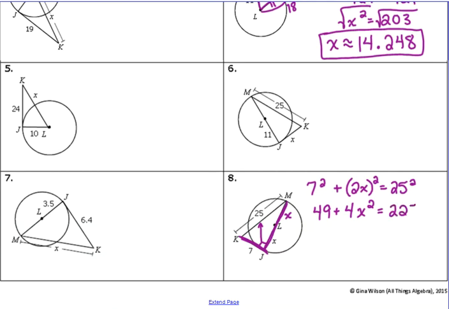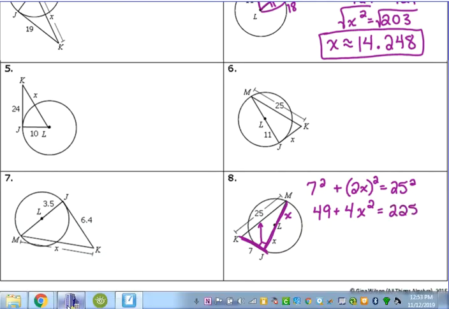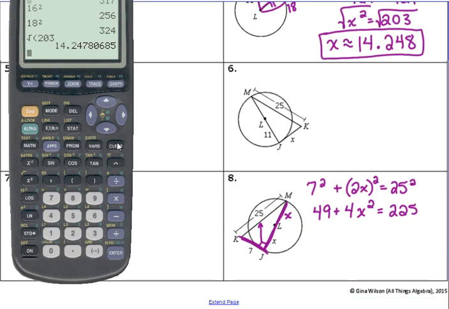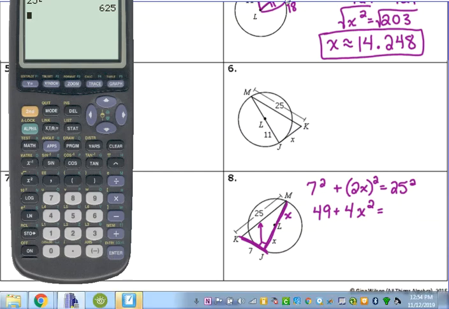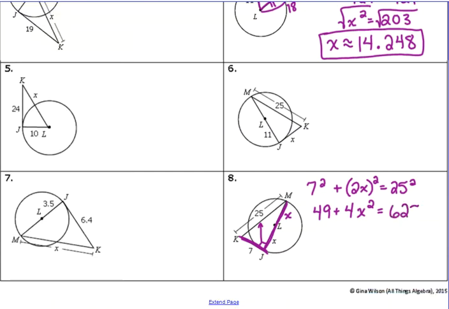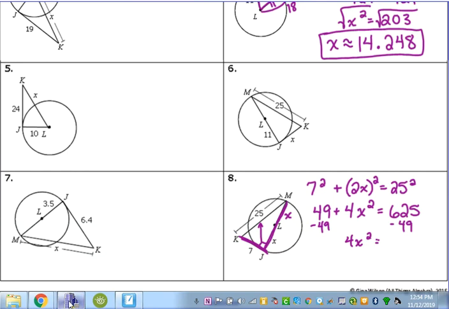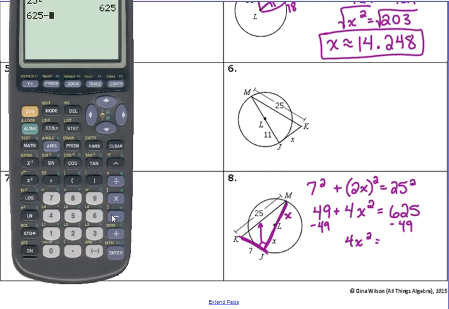And I think 25 squared is 225, or is that 15 squared? Nope. Ooh, yeah, that's 15 squared. 625. Let's try again. Okay, we're solving for X. So we subtract the 49 from both sides. 4x squared is equal to 625 minus 49.